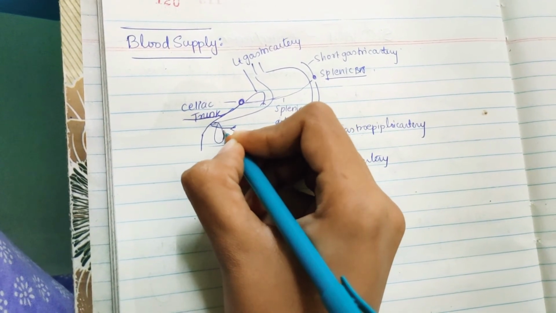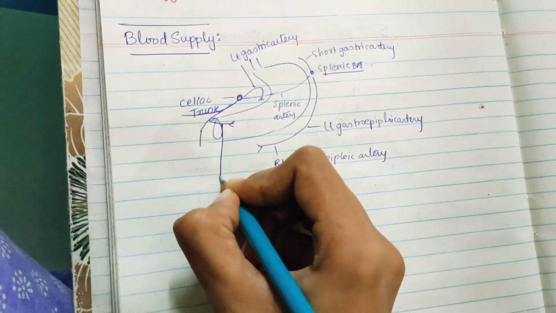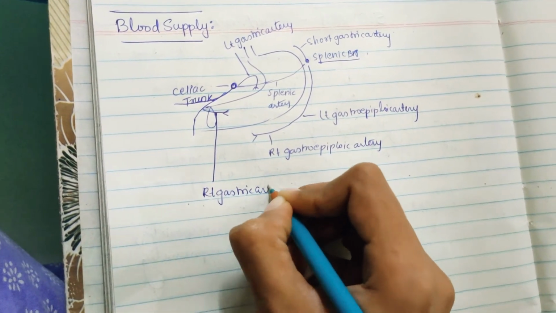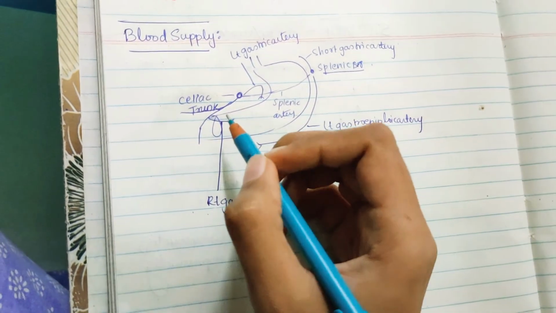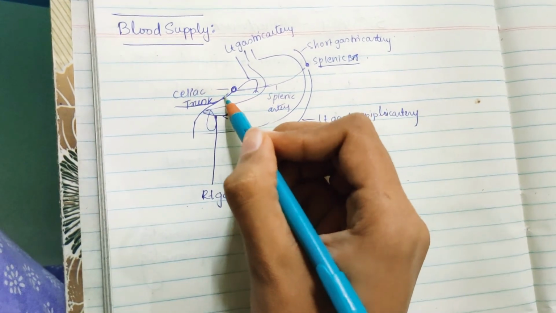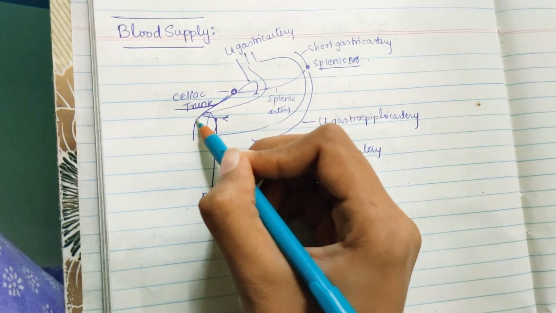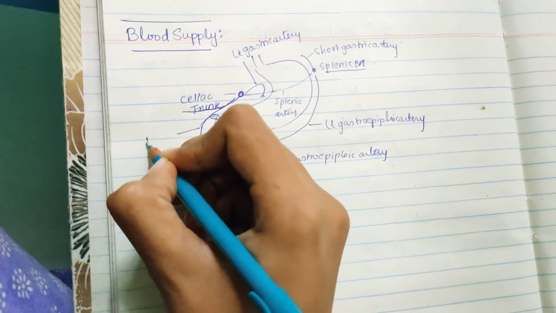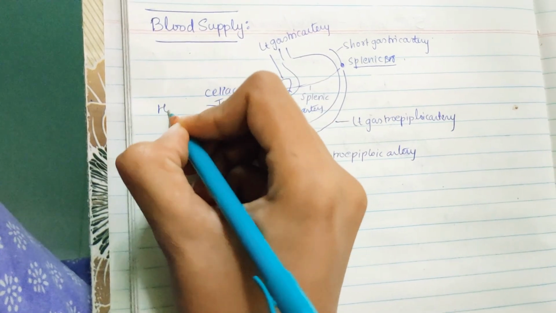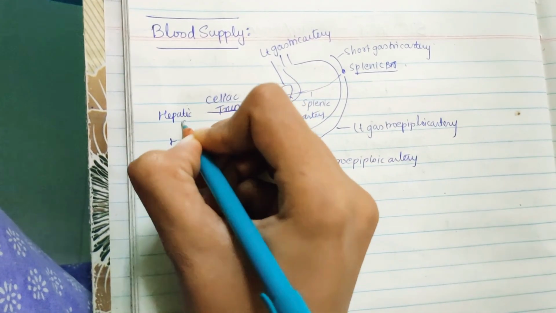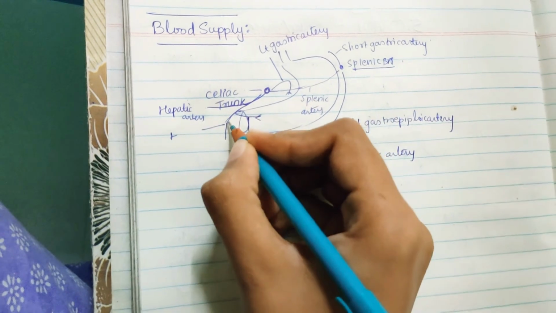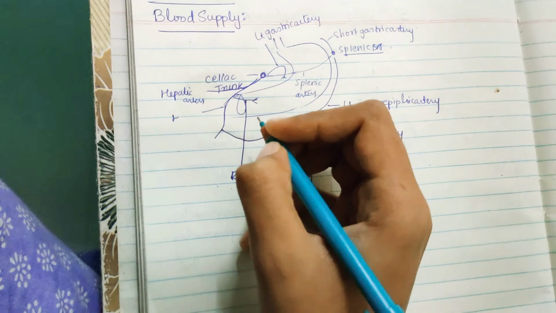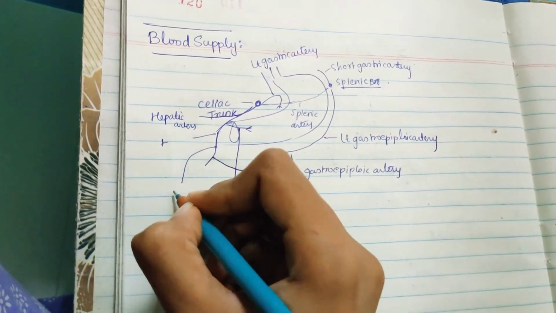This is the right gastric artery, which is also coming from the celiac trunk. Actually, one branch from the celiac trunk will form the hepatic artery, sorry, this one is the hepatic artery, and from here this will divide into the gastroduodenal artery.